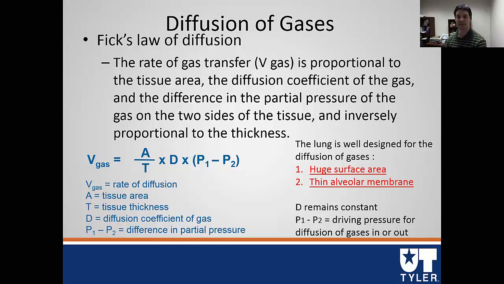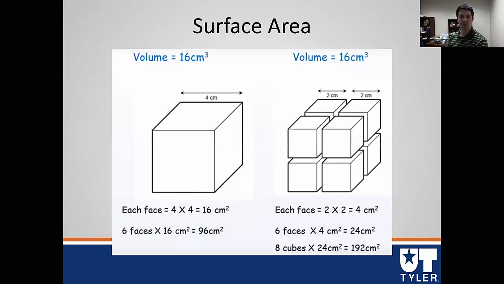So one thing I wanted to hit on just briefly in this lecture is this idea of surface area. We touched on it yesterday in the structure and function of the lungs and talked about how they have this huge surface area, equal to a tennis court, right? So here's an example of why they have this surface area. If we think of this cube here, it is 4 centimeters wide by 4 centimeters, since it's a square.